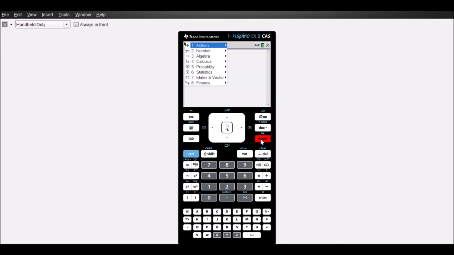So we go again to Menu, Calculus, Integral. Again, hit Tab twice. We're going to leave those blank.